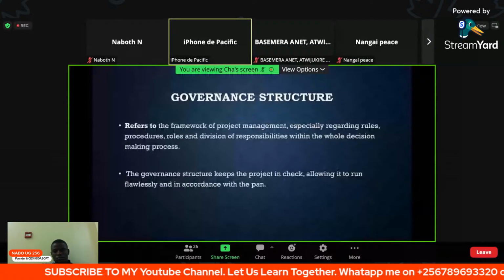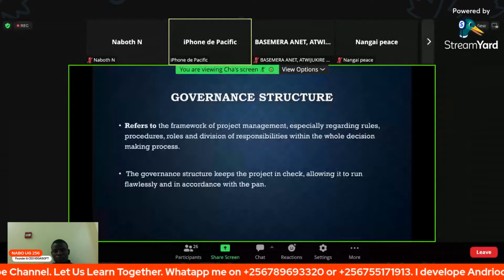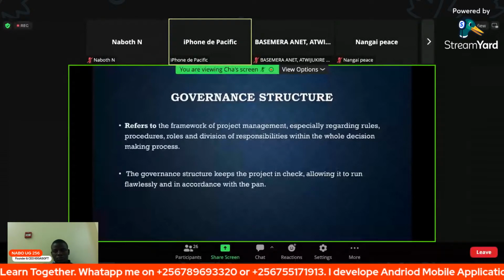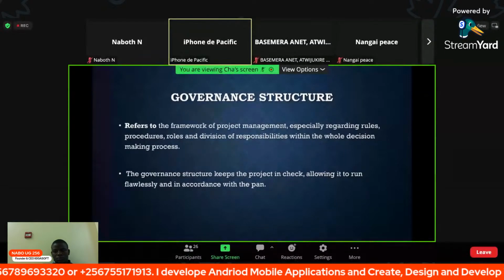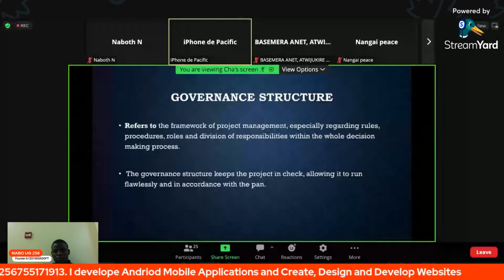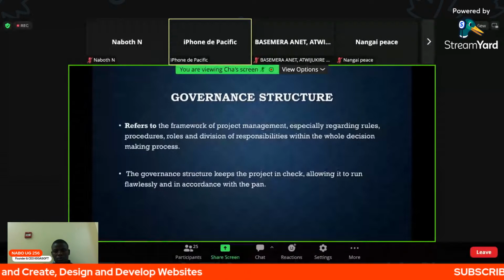First of all, to explain governance structure, it refers to the framework of project management, especially regarding roles, procedures, and division of responsibilities within the whole decision-making process. The governance structure keeps the project in check, allowing it to run flawlessly and in accordance with the plan.